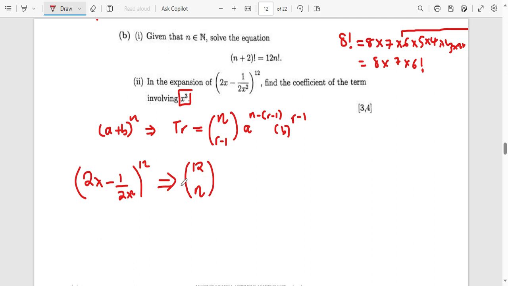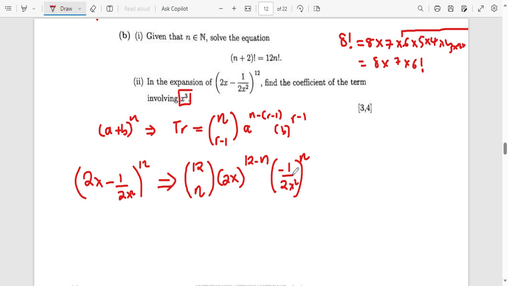But whatsoever that number is, the 2x here, which is the first term in the brackets, I'm supposed to subtract this to 12 minus this n. And then I'm supposed to get the number in the brackets here, which is negative 1 over 2x squared. So whatever is down here, which is the n, I'm supposed to write it there.